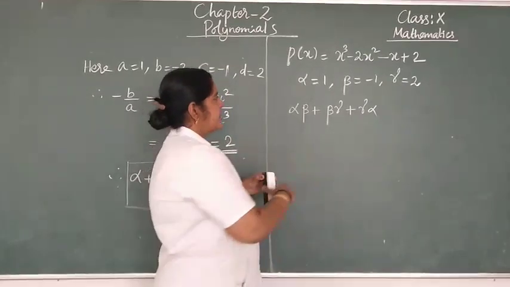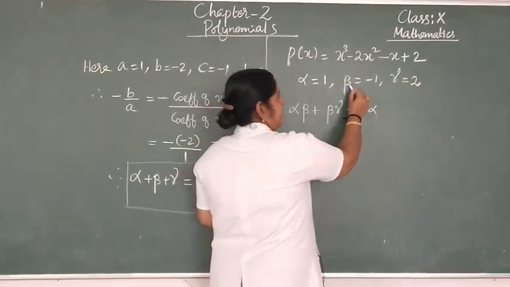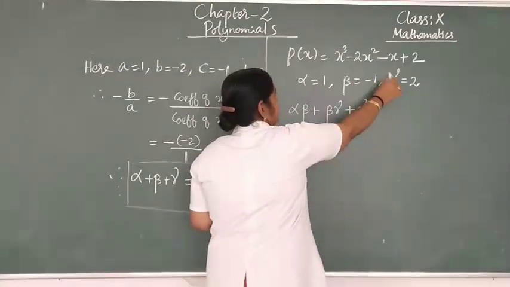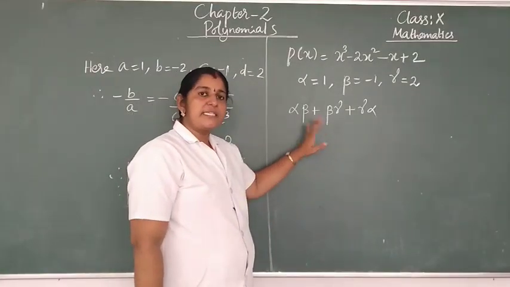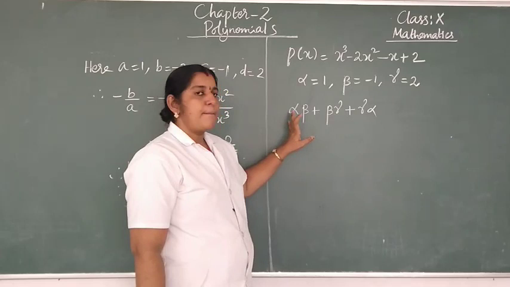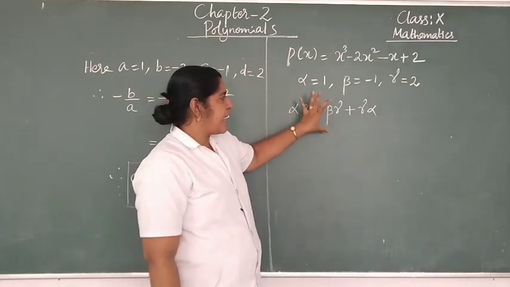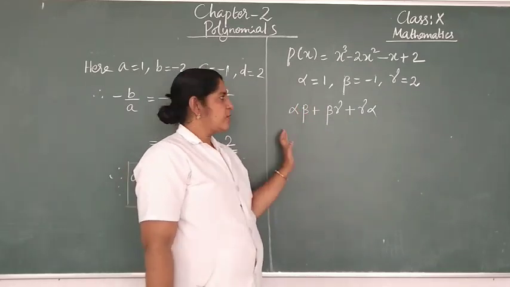That is, first you multiply alpha into beta, then you multiply beta into gamma, then we have to take alpha into gamma. So that is the meaning of the sum of the product of the zeros taken two at a time. So by finding this, we are going to get the second relation between zeros and coefficients of a cubic polynomial.